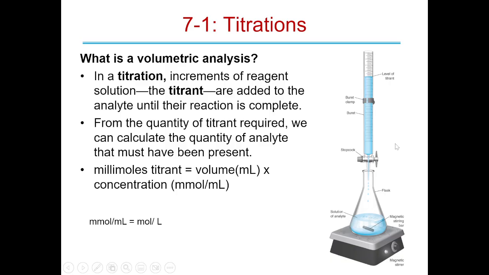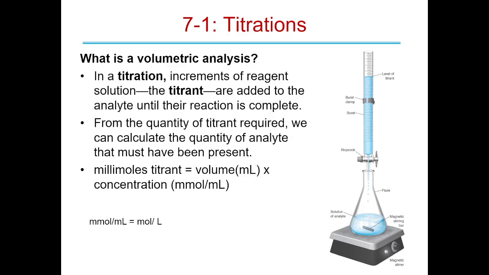From the quantity of your titrant that you add, that required to complete this, you can calculate the quantity of the analyte that must have been present. And you do it, if you're doing a volumetric analysis, through your simple concentration calculations that we practiced before. So the millimoles of the titrant would be the volume in milliliters times the concentration in millimoles per milliliter.